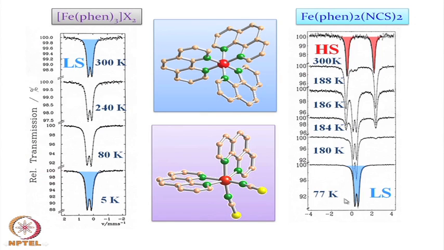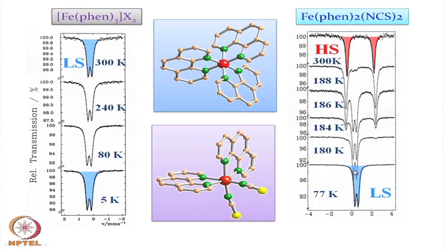So, at 77 K, which is liquid nitrogen temperature, because this 5 K for this compound is close to liquid helium temperature, which is 4 Kelvin, this can be measured nicely at liquid nitrogen temperature, and at 77 K we have almost two merged lines.